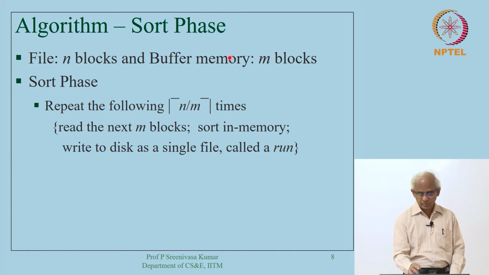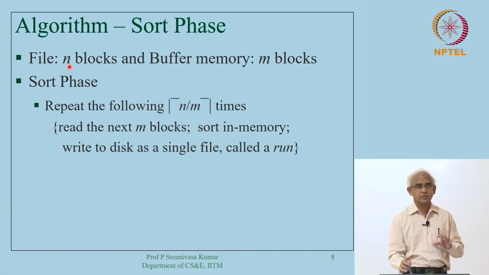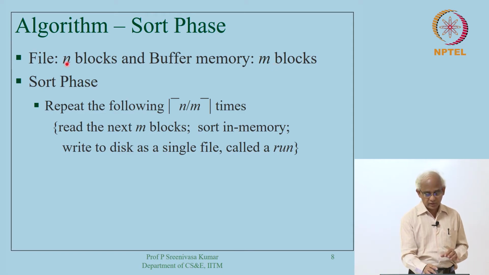We have been given some memory space equal to m blocks. M might be huge, but still n is much larger than m. So you have RAM space equal to m blocks, and the disk file has n blocks, which is a much bigger number compared to m.